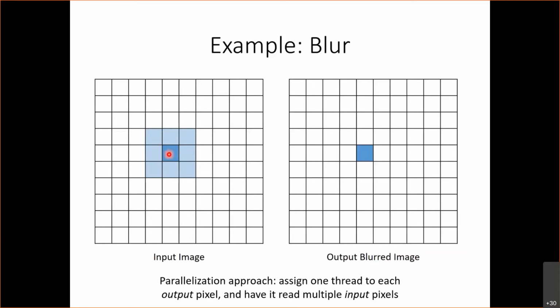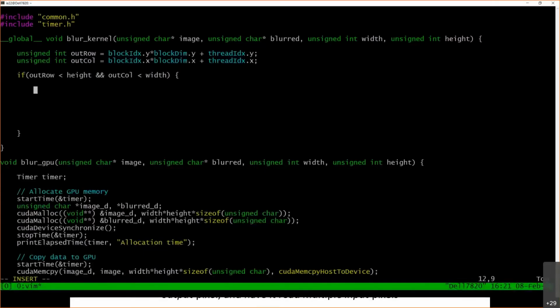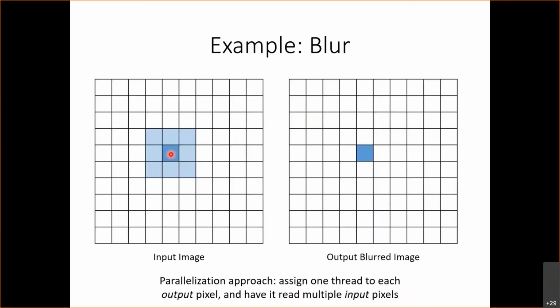Okay, so in row is going to start here and go from here until here, and in column is going to start here and go from here to here. Okay, right? For int in row is equal to what? It's going to be out row minus the blur size.